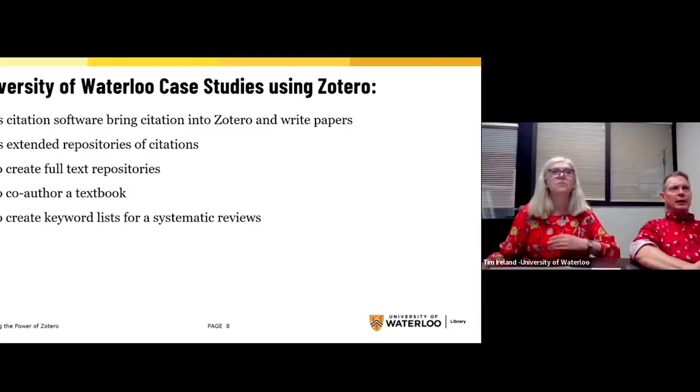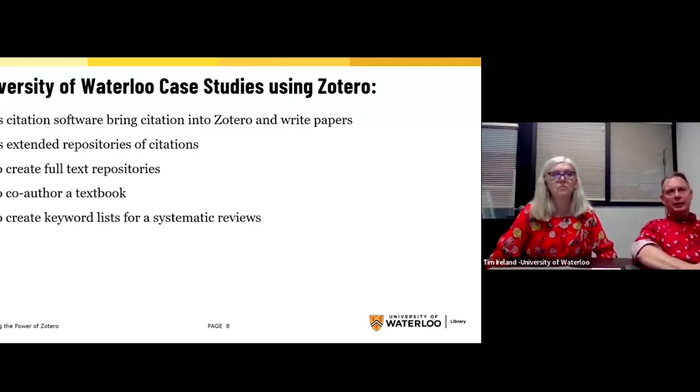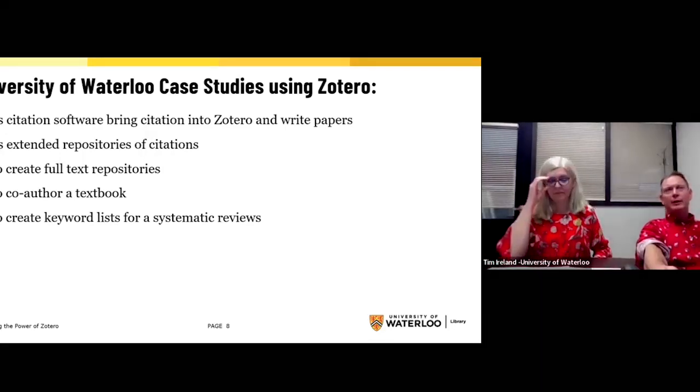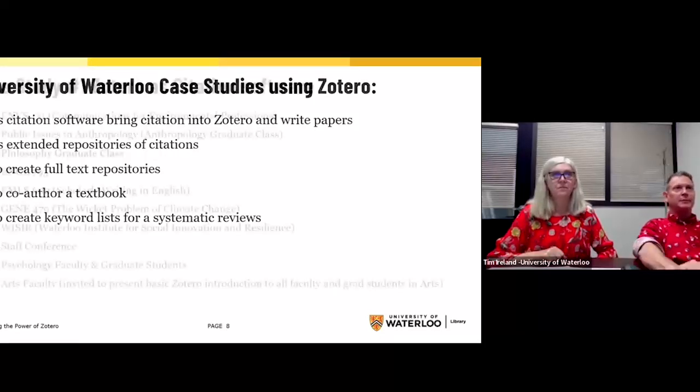We've used it to create full text repositories of material. We've got a group that used it to co-author a textbook. And also Agnes and I and a colleague have used it to create keyword lists for systematic reviews. It's incredibly powerful software. It does incredible things, but we don't think the initial interface is really easy, which is why we've been teaching it all over the place.